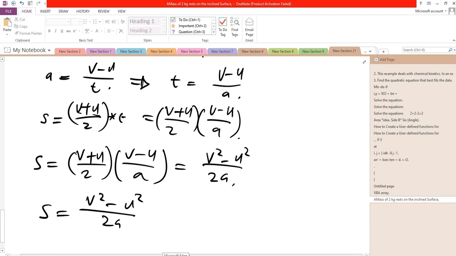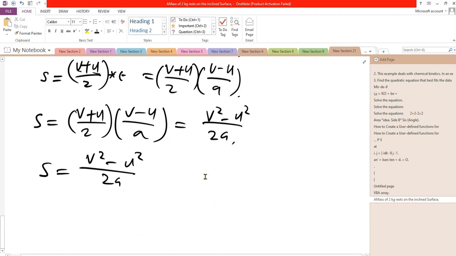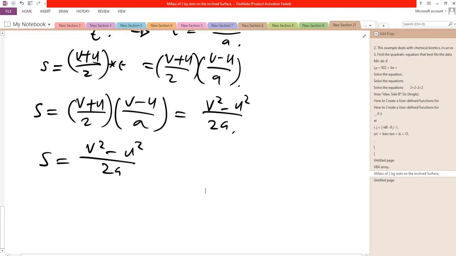For the scenario where it moves 1 second before the rope was cut, the final velocity at that condition will not be the initial velocity for this. So now, this is the formula for the displacement, the further the object can go up the inclined plane.